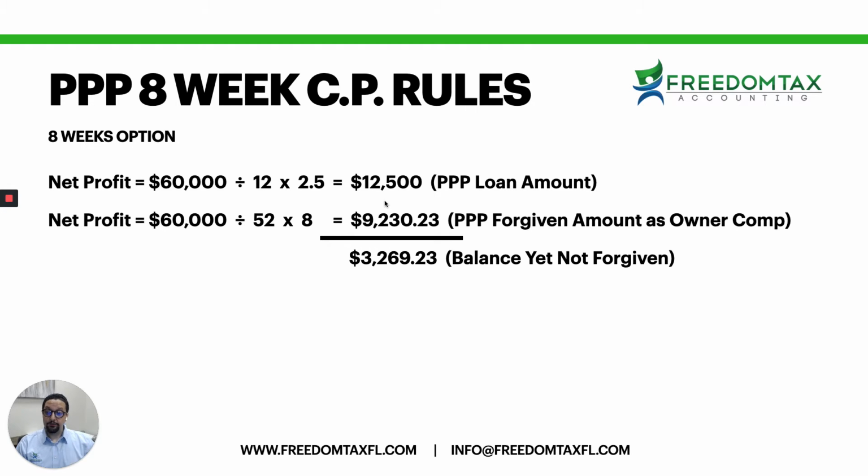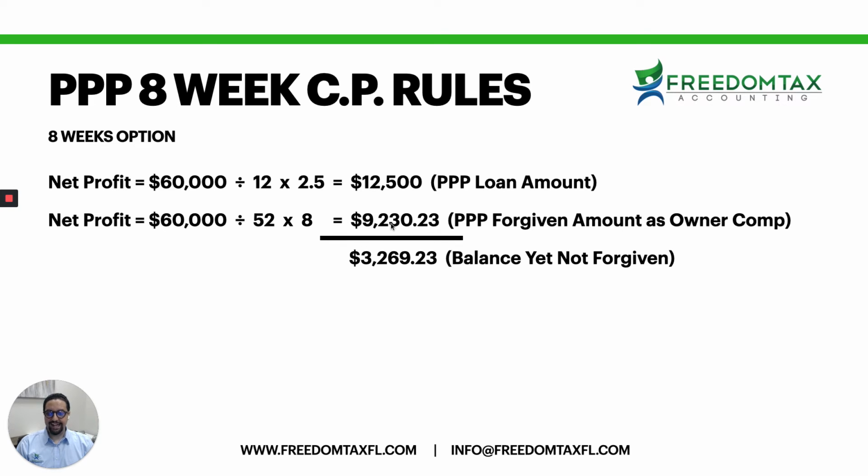Now, under the 8-week covered period rules, the amount of PPP forgiven as owner compensation, this is the formula: it is the net profit divided by 52, then multiplied by 8. So it gives you this amount.